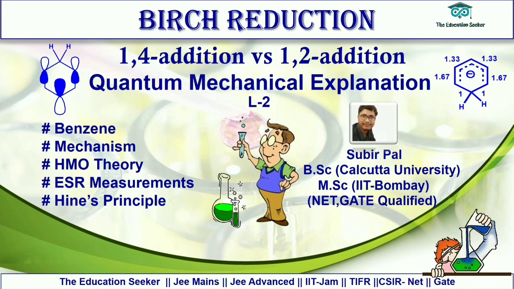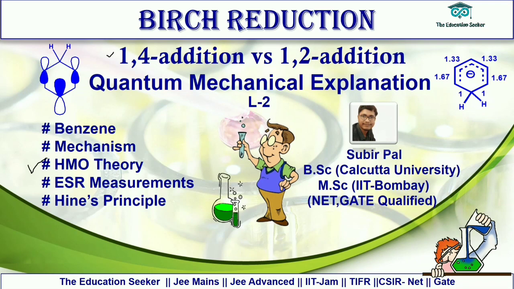Now, this lecture is all about the partial reduction of benzene, where you can find a competition between 1,4 addition product and 1,2 addition product. In order to explain it, first of all, I have done some quantum mechanical calculations using HMO theory to provide you a more logical explanation and to fill each and every part of the reaction course.